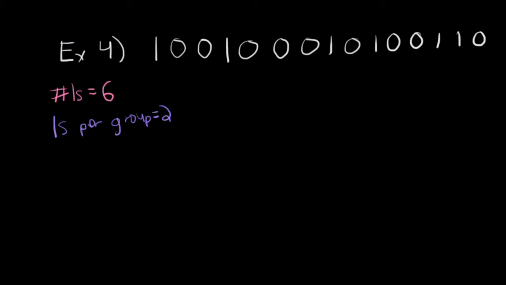So where this yellow here is now, that's where my first possible split can be. So I have the option to split there, here, here, here as well, but can I split after this? And the answer would be no, because then I would be having 3 1's in my first group and 1 in my second, and that's not allowed. So I have 4 possible splits I can do for my first split.